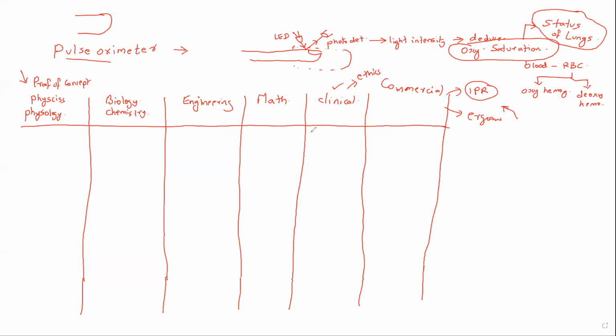But what I want to stress is, let's look at this particular problem of the pulse oximeter. I just want to show the interplay between different disciplines like biology, physics, engineering, and maths in this particular pulse oximeter. That's my intention. So let's look at that part. So somebody decided to do one thing. Look, I want to look at the oxygen saturation, or the blood. So basically, I want to look at one of the physiological parameters.